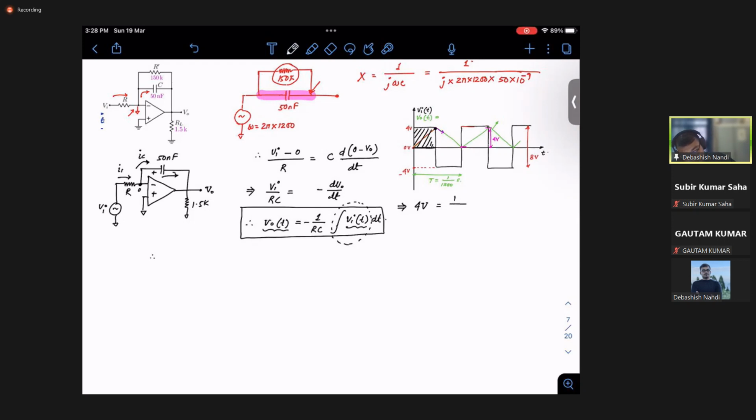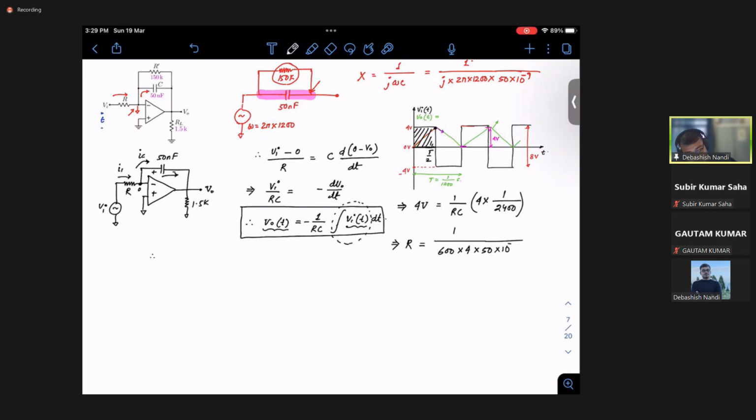Let's say this is 1 over RC, and this area, let us take it in the modulus term. This area would be 4 into T by 2. What is T by 2? 1 over 2400, right? You see, this is T by 2. So your R would be nothing but 1 over 600 into 4 into your 50 nanofarad, right?